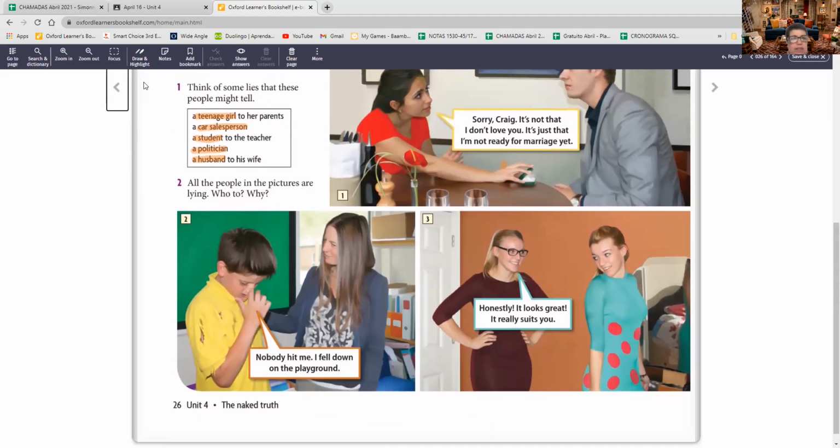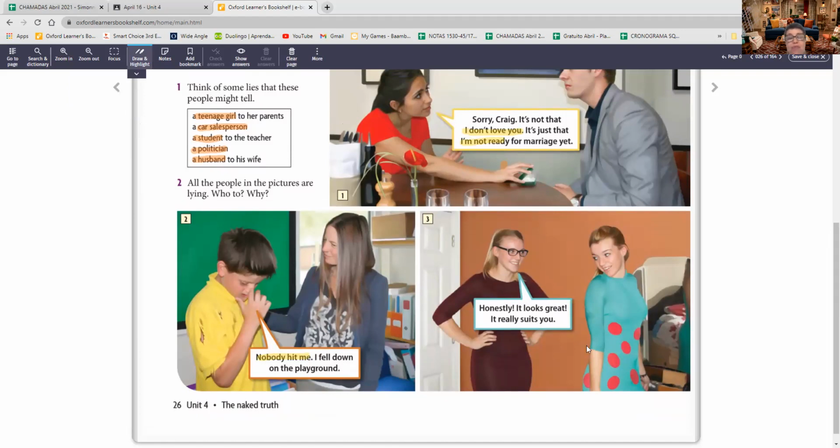And just because we are seeing the negative statements, we can highlight them here. Look, nobody hit me. This is a negative statement. Another one, I don't love you. I'm not ready for marriage yet.